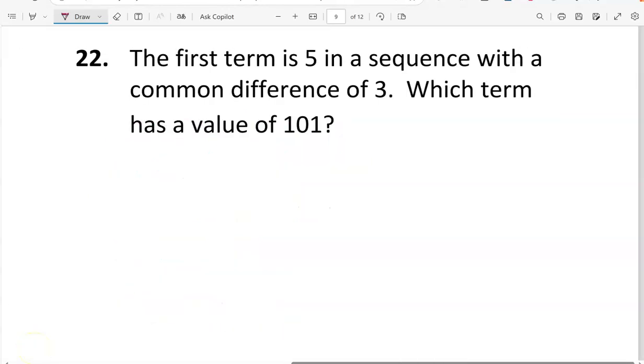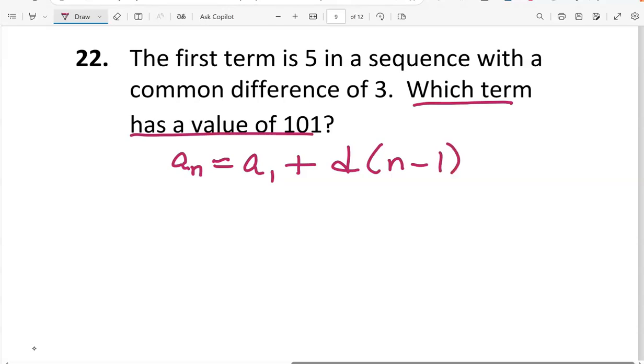In number 22, we have an arithmetic sequence in which the first term is 5, and the common difference is 3, and we want to know which term has a value of 101. So I'm going to use my formula for the nth term of an arithmetic sequence. A sub n is equal to a sub 1 plus d times n minus 1. This time we know the value of the term, so a sub n is 101.